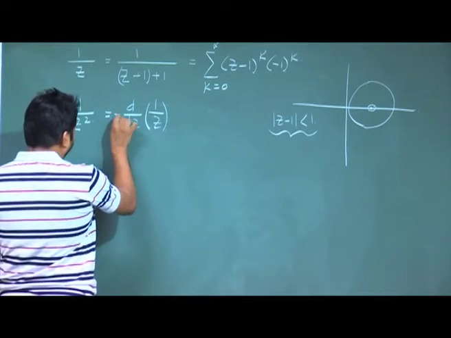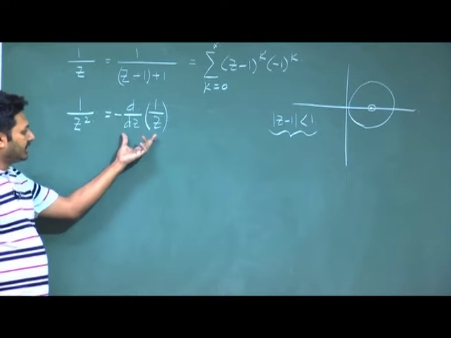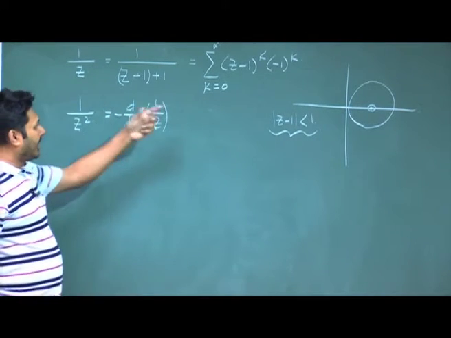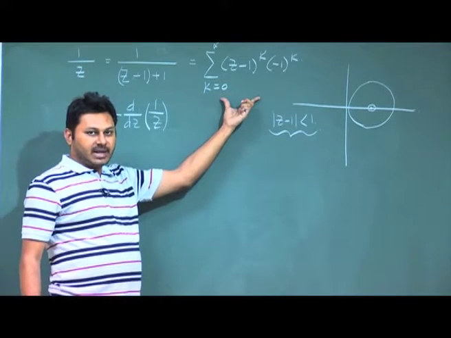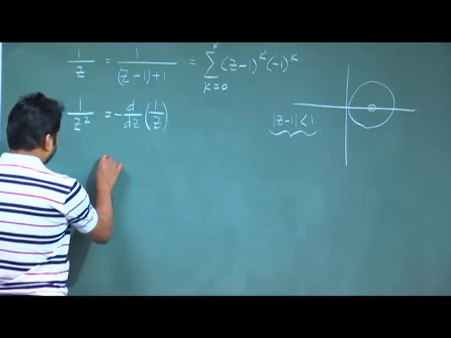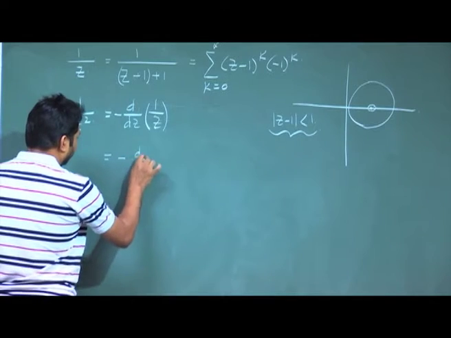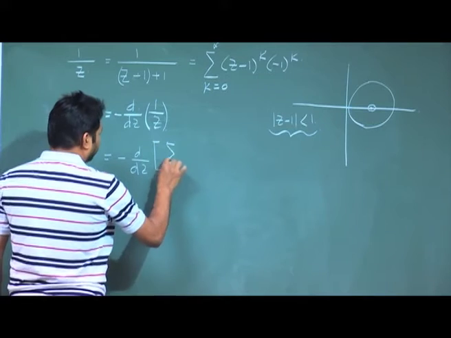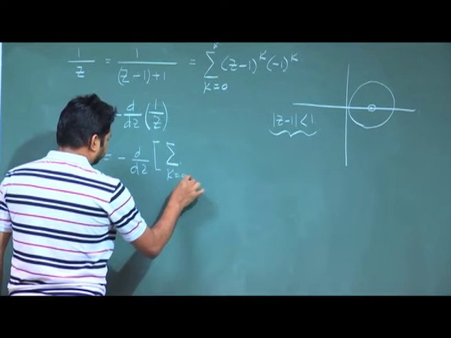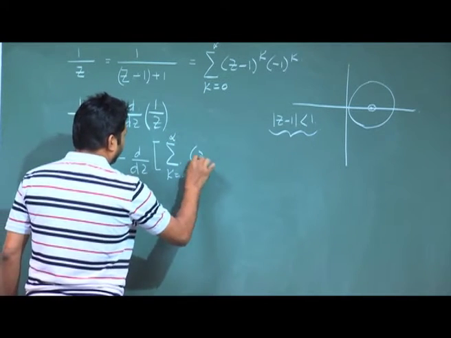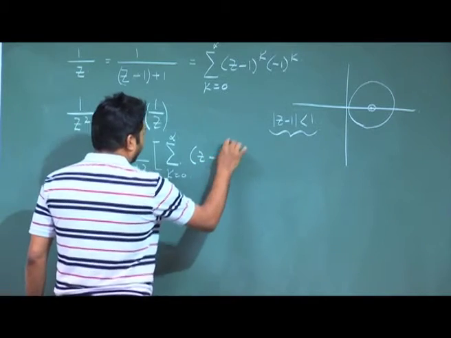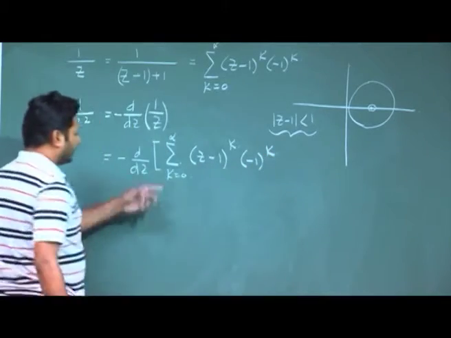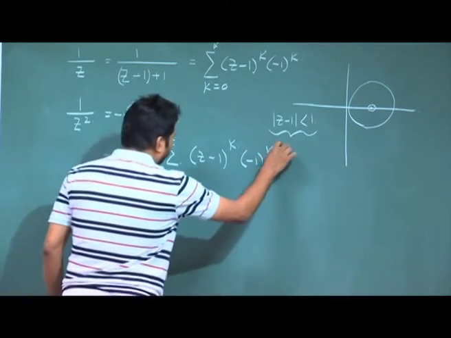If I do that, then I will have 1 by z square with a negative sign. So that means 1 by z square will be minus of this derivative. I already have the expansion of 1 by z in my hand. If I elaborate that, it will be minus d dz of the expansion, and I just need to take the derivative with respect to z.